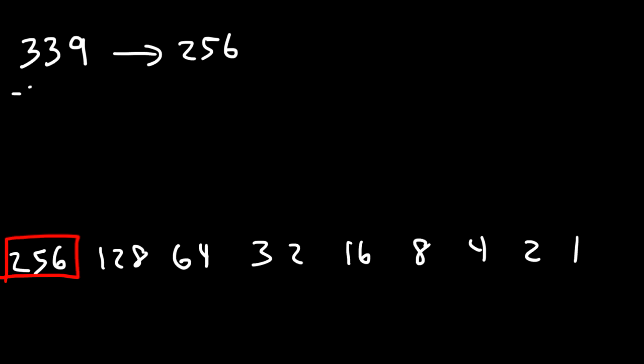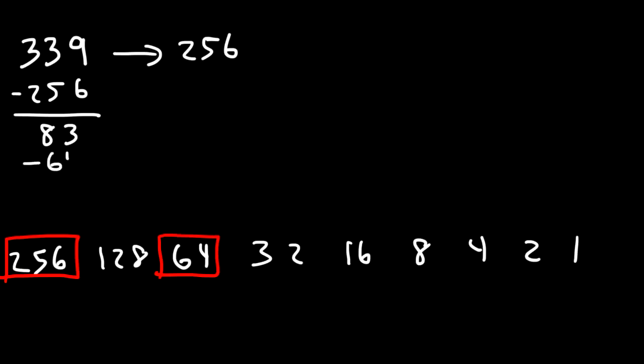And so let's subtract 339 by 256. And so this will give us 83. The next highest base 2 number that's under 83 is 64. So let's subtract 83 by 64. And that will give us 19. And let's not forget to write the 64 here.